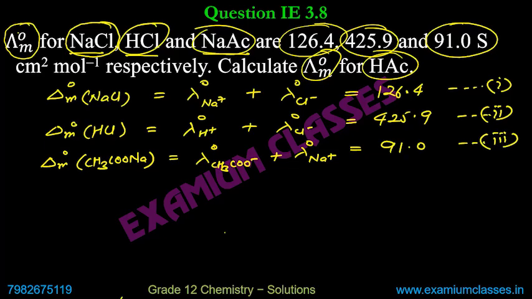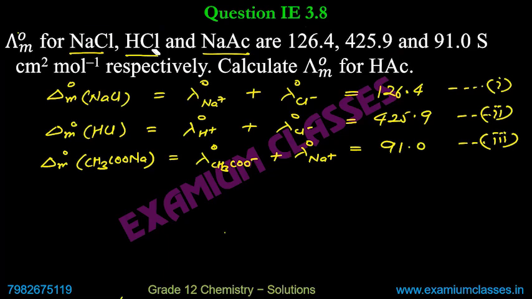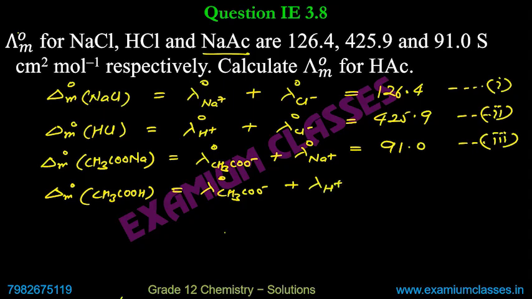These three are given. So we formed these three equations. Now talk about the required one. Required one is for acetic acid. HAc is acetic acid. So for acetic acid, it will be lambda CH3COO minus naught plus lambda H plus naught.